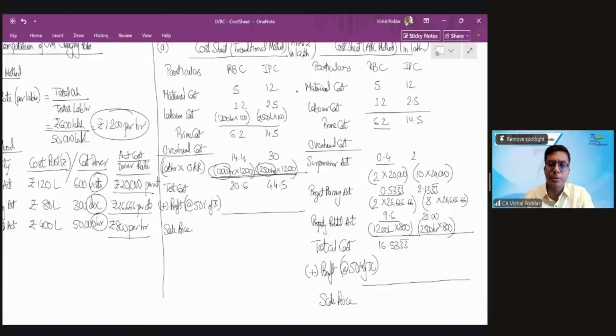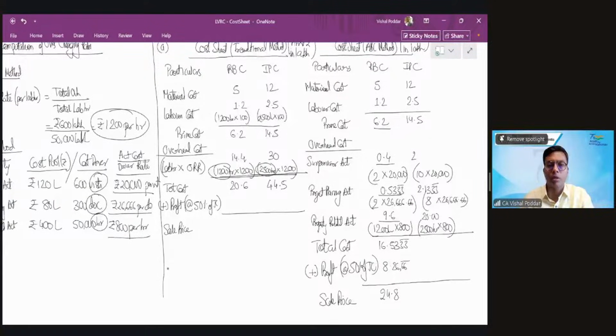Half of this is the profit, so it will be 8.26666, right? So my sale price would be 24 lakhs 80,000.